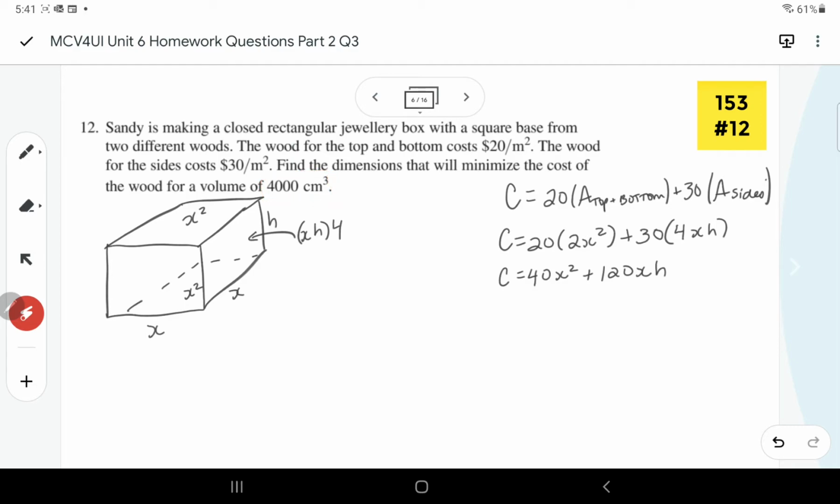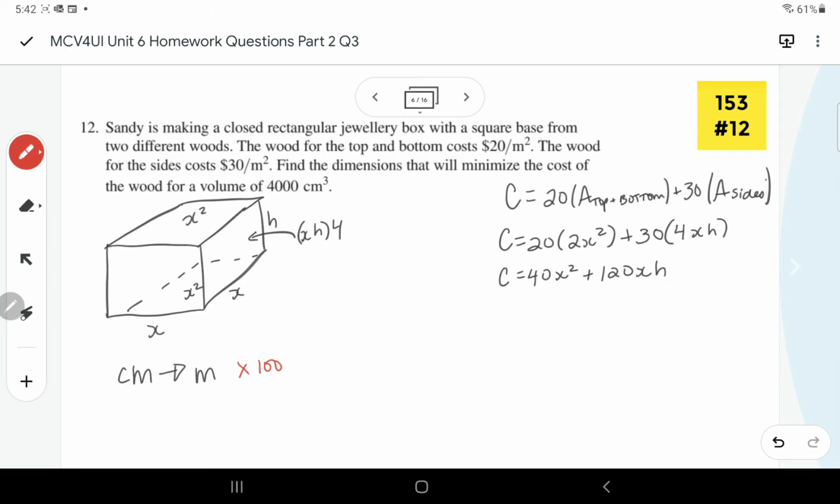How many meters cubed is that? Okay, so the trick here is that we know centimeters to meters, we would multiply by 100, right?